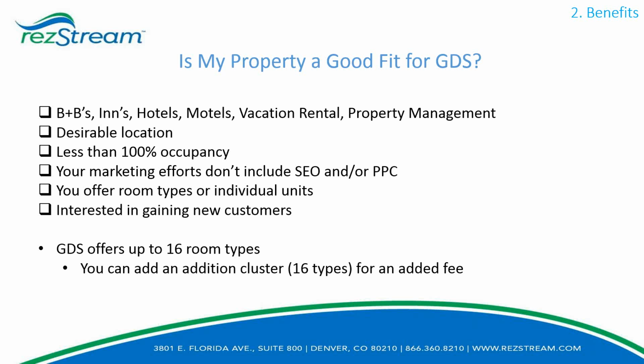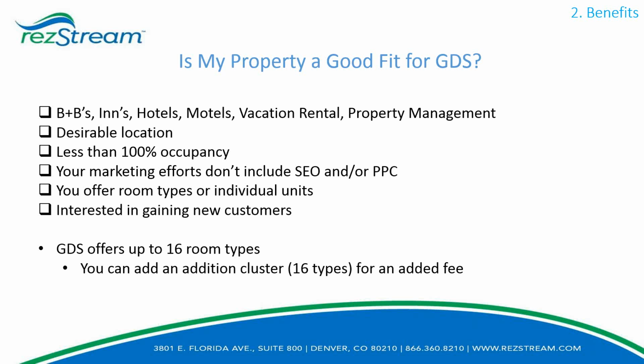Something that I wanted to mention down here in the bottom 2 bullet points is the way that the GDS works is they offer 16 different room types, and this is how the system has always been, but this is how those B&Bs and those vacation rentals that have individual rooms are using the system. When you sign up for the GDS and you pay those initial sign-up fees, it includes up to 16 different room types or 16 individual rooms if you want to look at it from that manner.